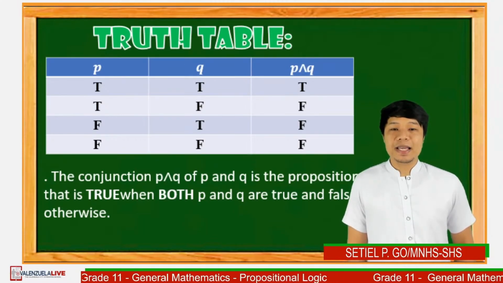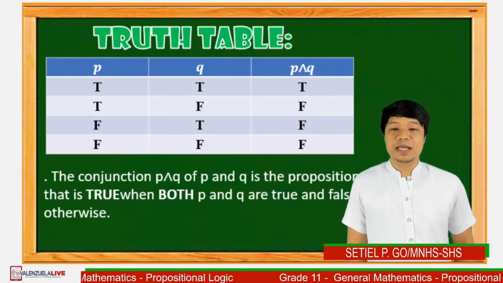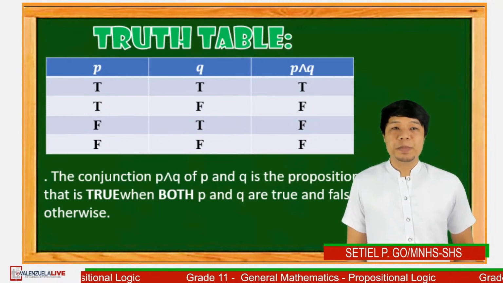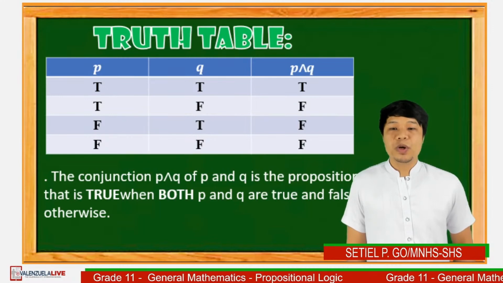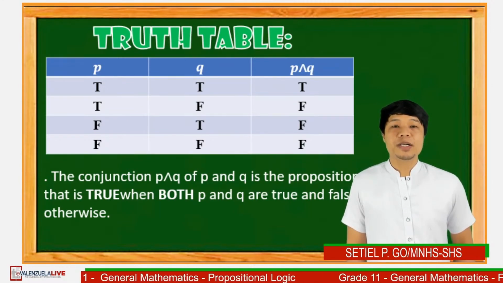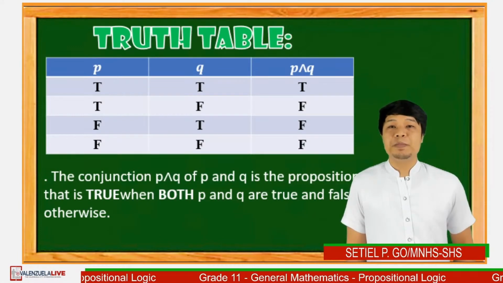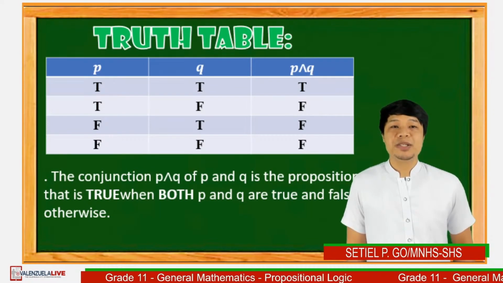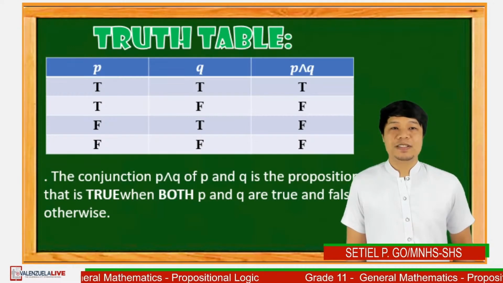To identify the conjunction of P and Q, using the definition, the proposition P and Q under the conjunction operation is true when both P and Q are true, and otherwise they are false. As you can see, in the first row, wherein P is true and Q is true, therefore the conjunction of P and Q is true. The others will be false.